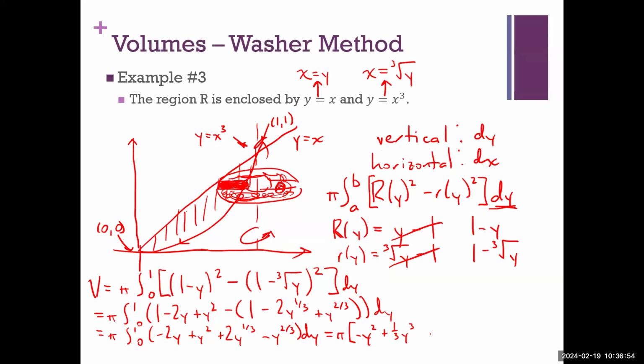Two y to the 1/3 becomes 2y to the 4/3 times 3/4, so 3/2 y to the 4/3 minus 3/5 y to the 5/3.